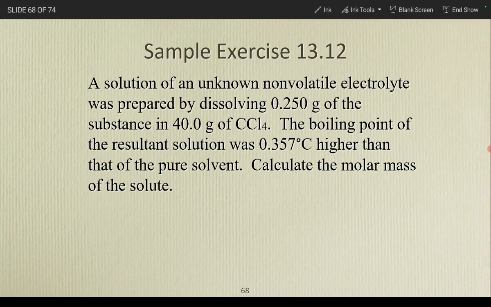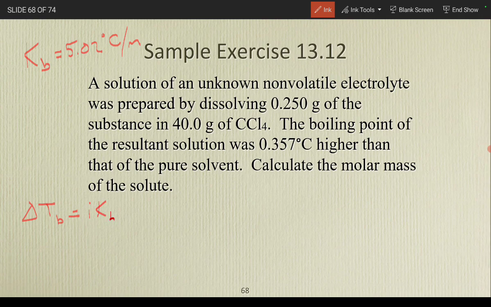So we've got to do a couple calculations here, and we'll go through each of them one by one. But is this boiling point or freezing point? And then the Kb for carbon tetrachloride is going to be 5.02 degrees Celsius per molal.